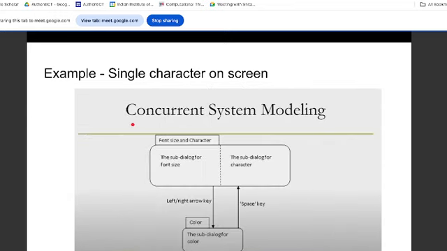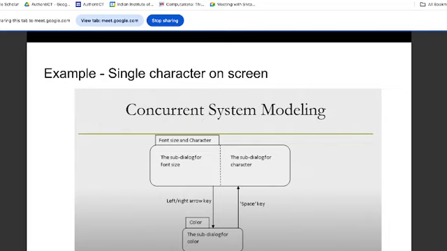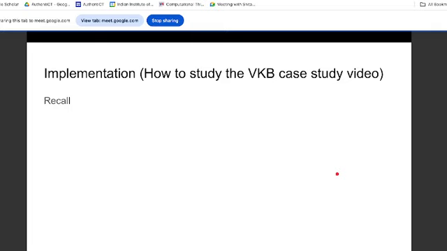So to exit this color state, we need the left right arrow key over here, and the space key should have been here in this example. So that's the example of a single character on screen.